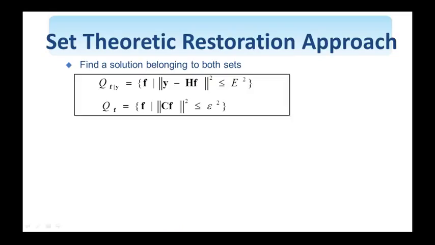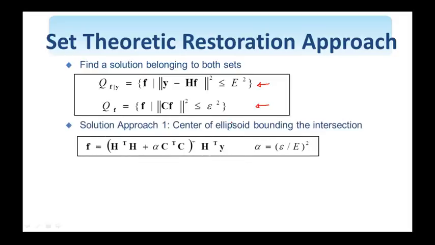So for the image restoration problem, we're looking for an image that belongs to both of these sets. This is the set that represents the fidelity to the data, and this is the set that represents the smoothness constraint. So according to the first approach we discussed, we'll find an ellipsoid bounding the intersection of these two sets, and then it can be shown that the center of this bounding ellipsoid is given by this expression.